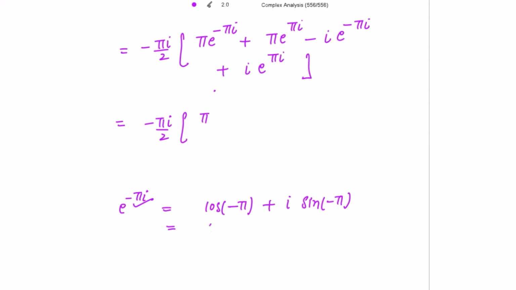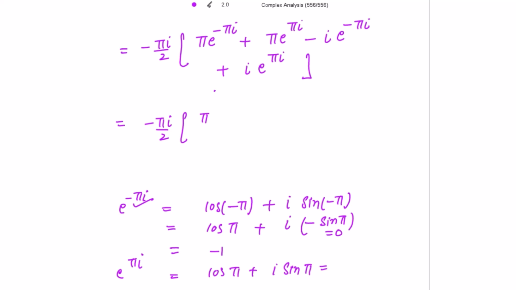Cos minus pi is cos pi, plus iota sine minus pi is minus sine of pi, right? And this value is negative 1, this is 0. Similarly, for e to the power pi iota, we have cos of pi plus iota sine of pi, that is minus 1 plus again this is 0.